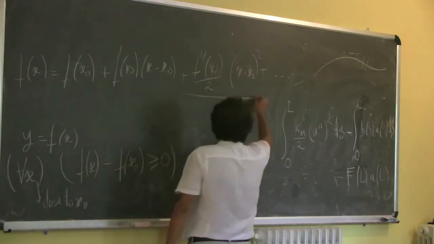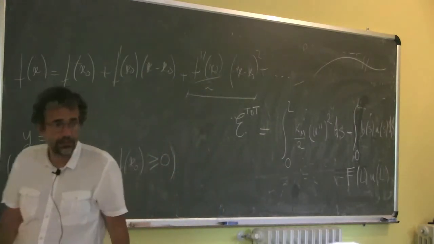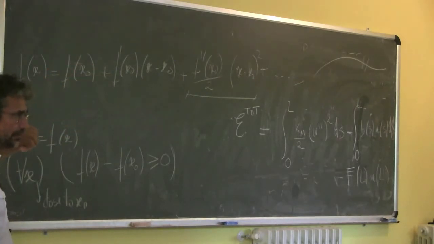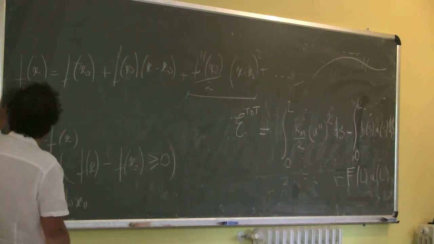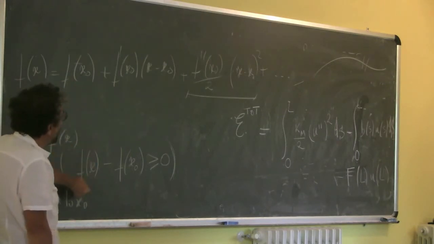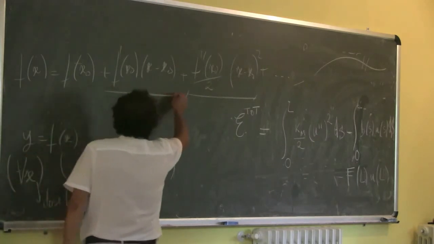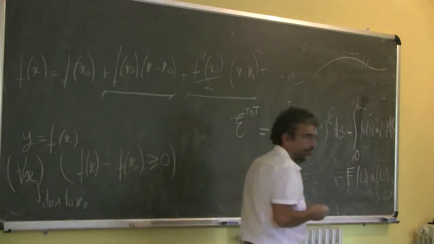So this quantity is always positive. We assume that the other terms can be neglected, are small, so they are not relevant. So f(x) minus f(x0) can be positive only if f prime of x0 is vanishing.